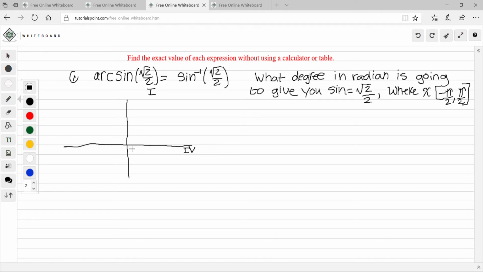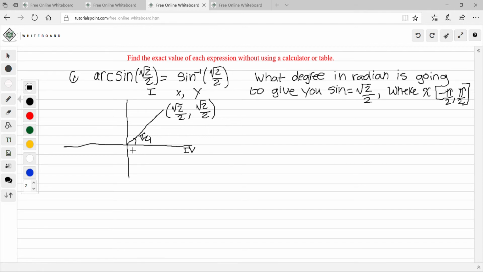I think that in quadrant 1, positive root 2 over 2, I could use pi over 4, because pi over 4 has the coordinates root 2 over 2, comma, root 2 over 2. This is the x and the y is the sine. So pi over 4 is one of the answers.